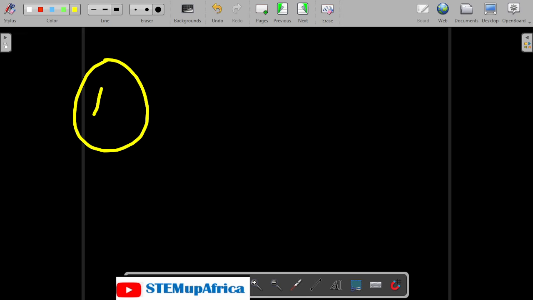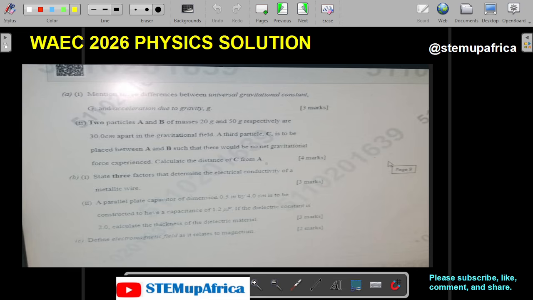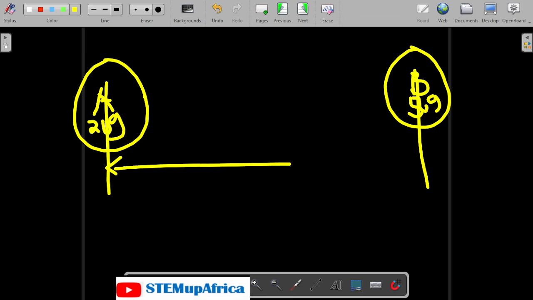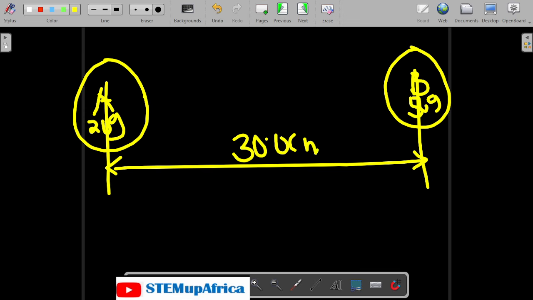We have two particles, A and B, with masses of 20 grams and 50 grams. Center to center, they are separated by 30.0 cm.